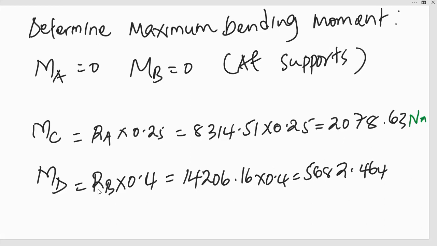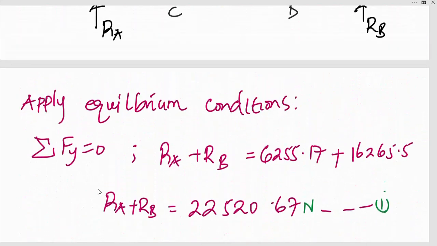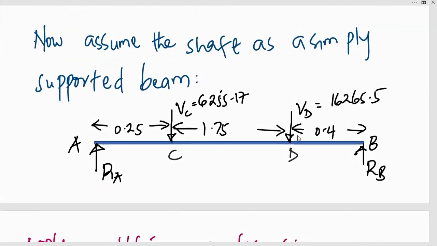Then the bending moment at D, I also go to D and hold here. The moment I will experience here will be due to RB. I can use this side because the other side has lots of forces, and to avoid that tedious work, I will simply use RB.